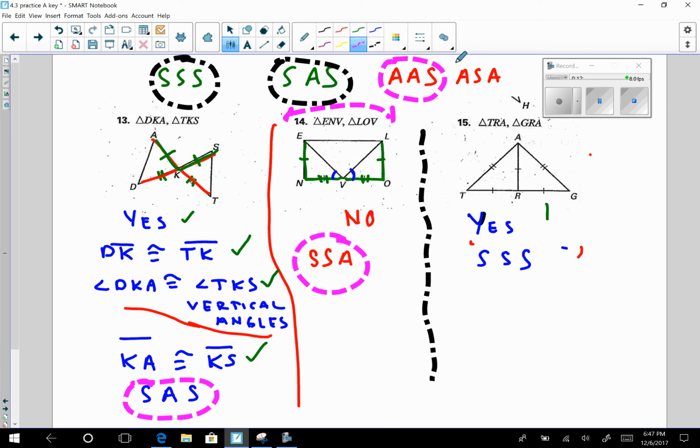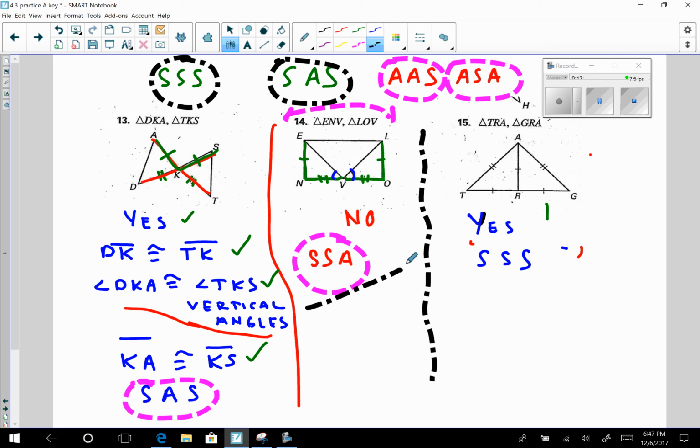Those are our only four congruence theorems that I can use to prove two triangles congruent. So side-side-angle is not one of them.